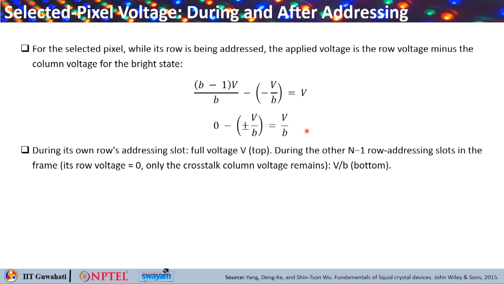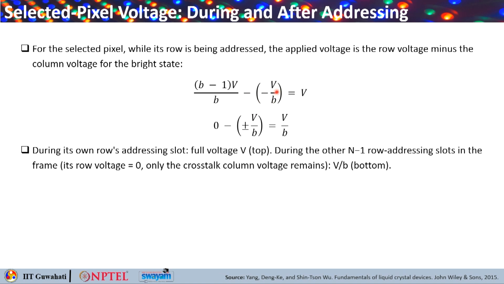Okay, so what it tells is that during its own row's addressing slot, the applied voltage is the row voltage, that is B minus 1 V over B, minus the column voltage for the bright state, which is minus V over B. When you are subtracting a negative quantity, that is basically adding it up.